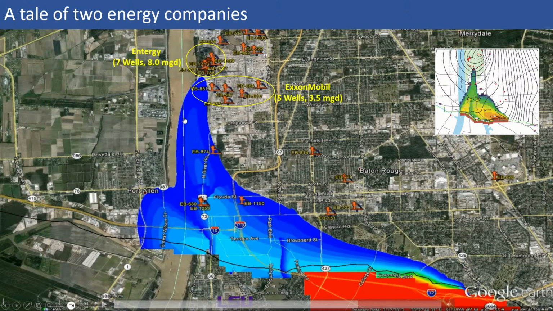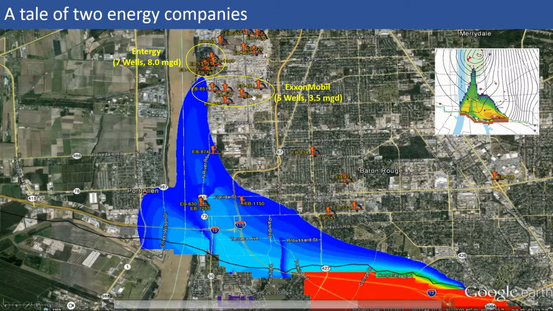So we developed this model. Another group was working on the same problem, and they developed their own model, and their model simulation shows that by the same time period, this saline plume will not be attracted to Entergy, but will be attracted to ExxonMobil.